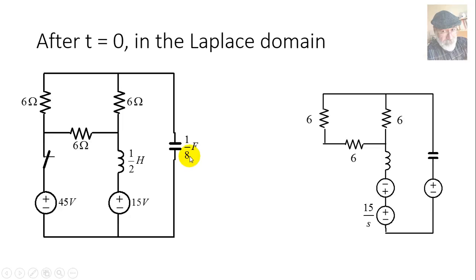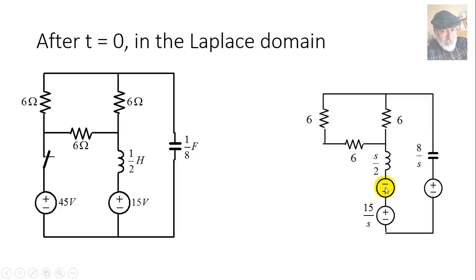And the capacitor similarly is represented by an impedance 1/(Cs) in series with an initial condition source VC(0) divided by s. This is Ls, 1/2 times s, and for the capacitor 1/(Cs), that is 8/s.